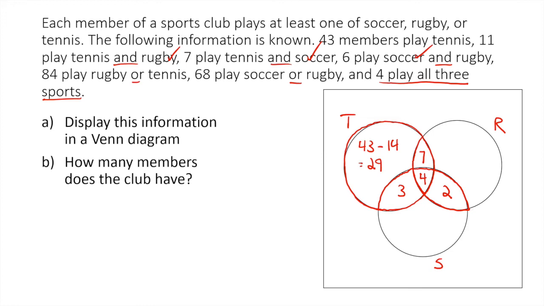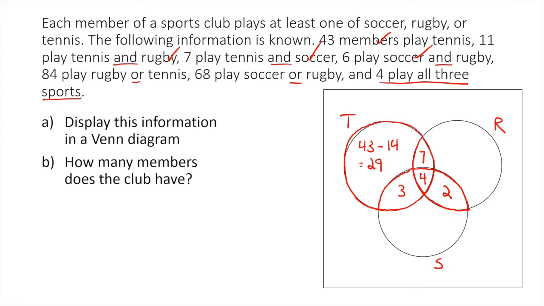Well, this is nice because look at the next piece of information that we can play with now. We have the idea of 84 people playing rugby or tennis. So remember that if we're talking about rugby or tennis, we mean that all the numbers inside the circles have to add up to 84. And so what do we have?